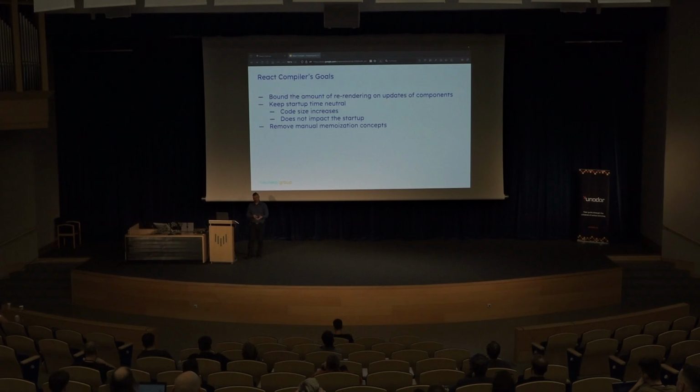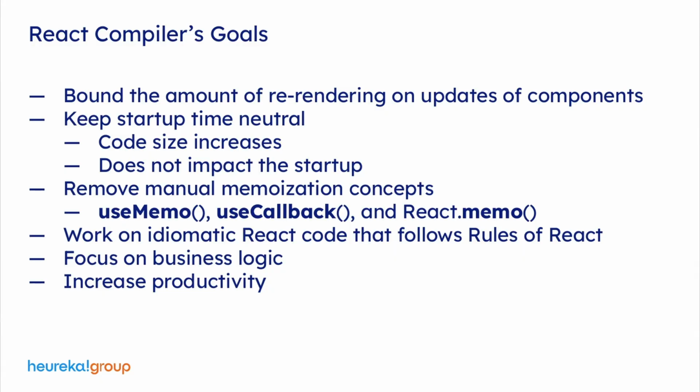The goal also is to remove manual memoization concepts, like useMemo, useCallback, and React.memo, and just work on idiomatic React code that follows the rules of React and React hooks, for example. Just focus on the business logic and write just the business code, not the stuff around it to make it work properly. And it should lead to increased productivity of developers, definitely.